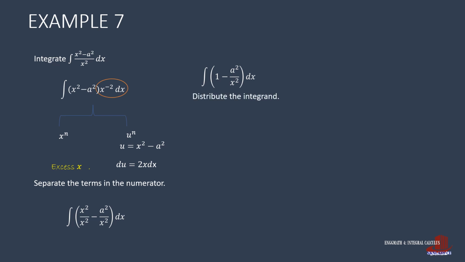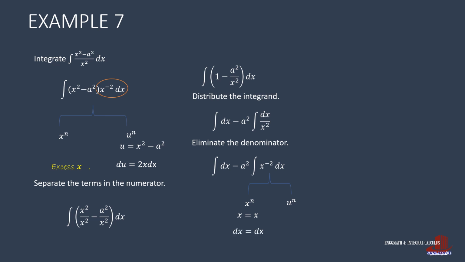Separate integrands and have the integral of dx less a squared times the integral of dx over x raised to 2, which can be written as the integral of x raised to negative 2 dx, to avoid having a denominator. From here, check the variable and it is now simply x raised to n, where x is x, dx is dx, and n is negative 2.